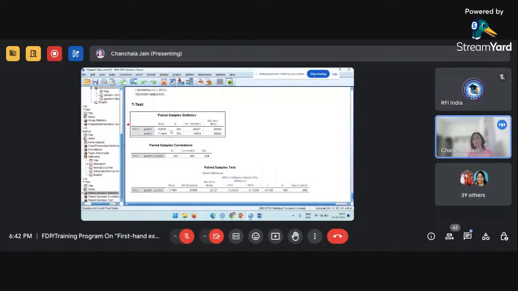The first section says that the mean for grade 1 is 6.01, grade 2 is 7.19. Total number of observations you can find here. Standard deviation and the standard error of mean are available. Talking about paired samples correlation: whenever you perform the paired sample t-test, that is the dependent sample test, you will always get the value of correlation.